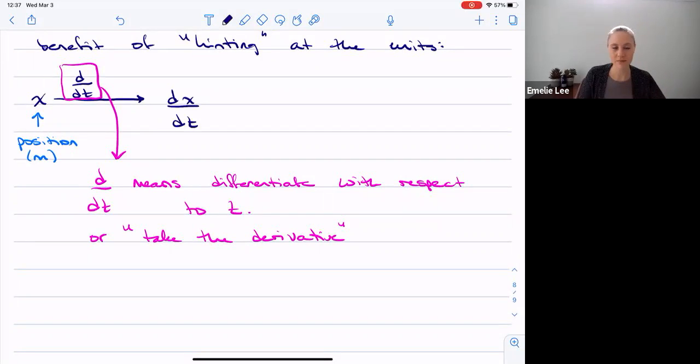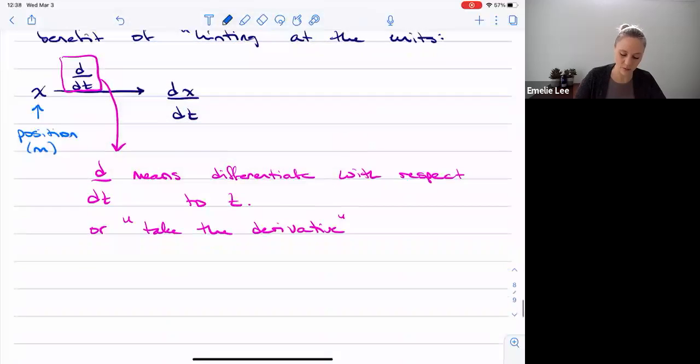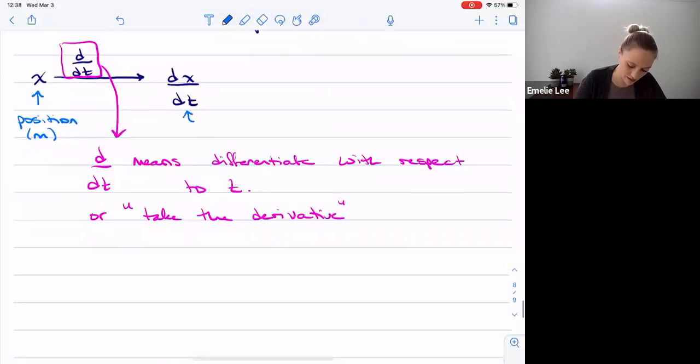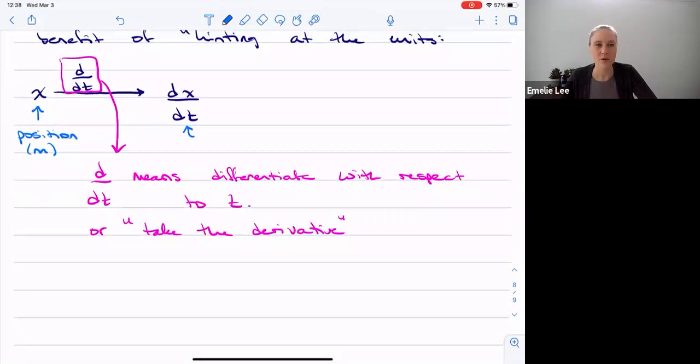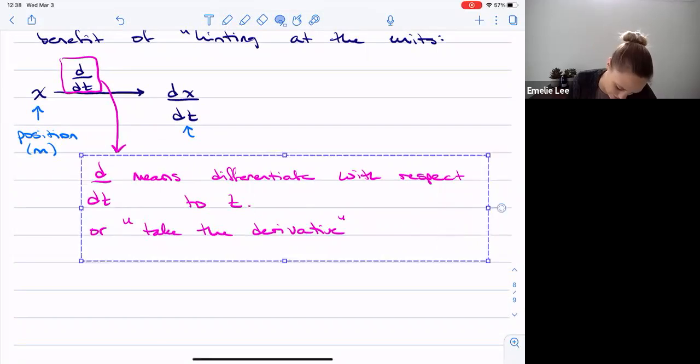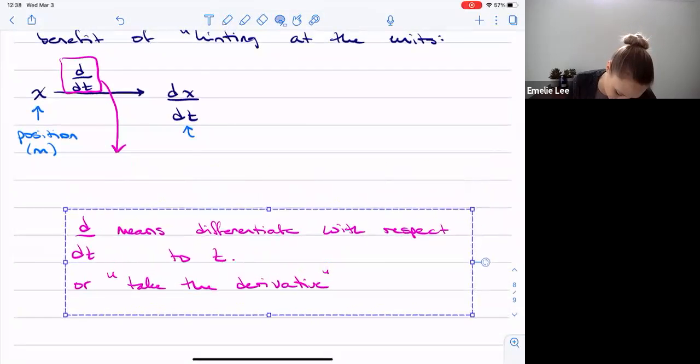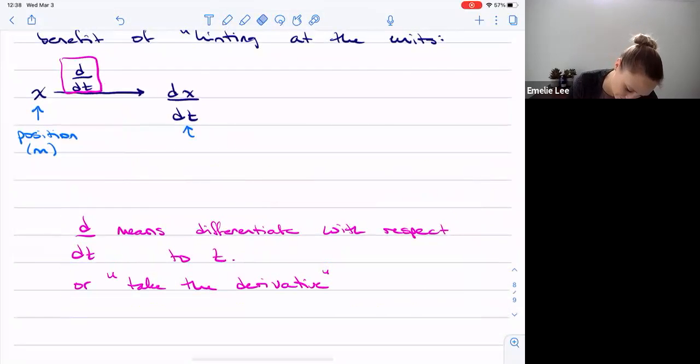Like I said, we haven't done a ton of this, so of course, if it doesn't make sense, then it's okay. I'm going to make a little bit more room here.